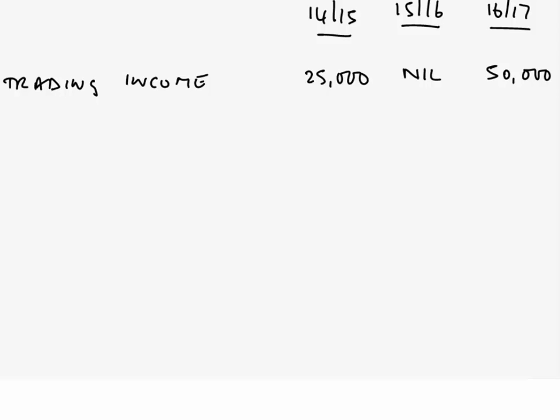Things had got worse in 15-16 and we'd made a loss of 40,000, recall. 40,000 I gave to you. And then in 16-17, let's hope that this is a sign of better things to come, a tax-adjusted trading profit of 50,000. We have to reproduce what would be on the income tax computation.